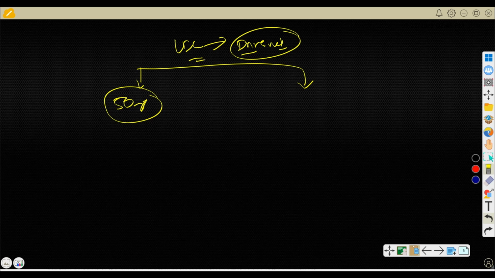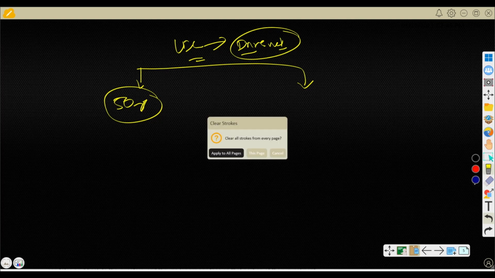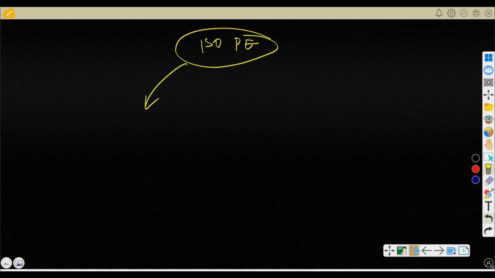Let me tell you something about what I have seen. I have around 150 private equity funds under my supervision. Hardly have I seen individual names or person names.